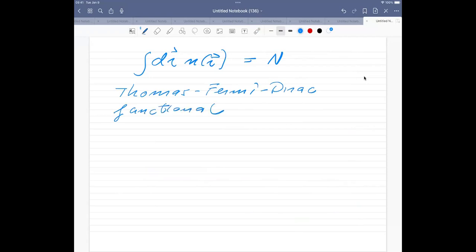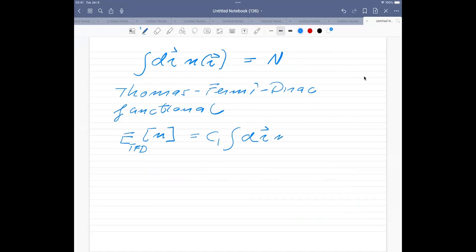And this is roughly where we will stop today. And this one, E as a function of density, we put a T, FD, Thomas Fermi Dirac, is then given by a constant. And this is the kinetic energy term. And then I have a D of R.